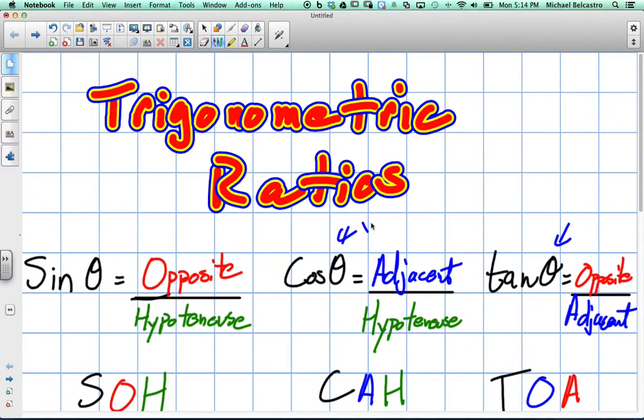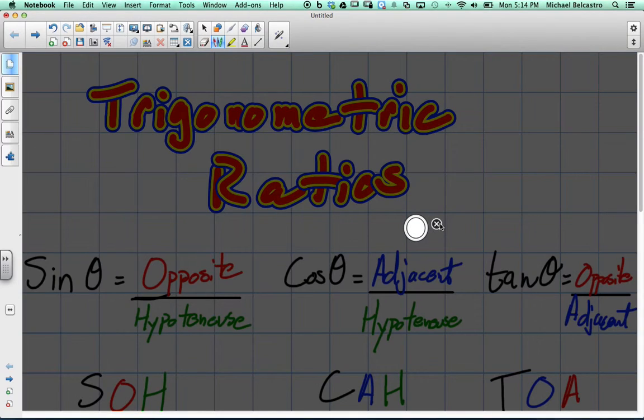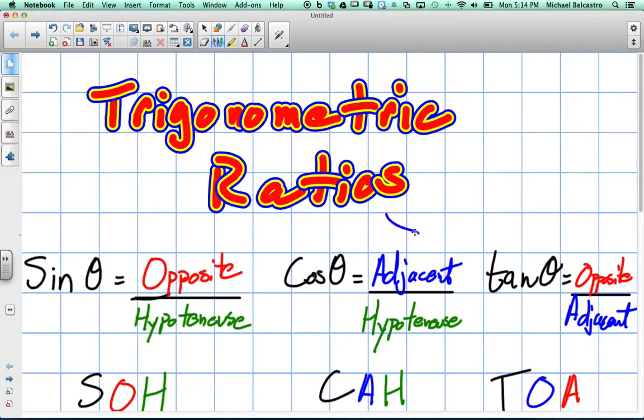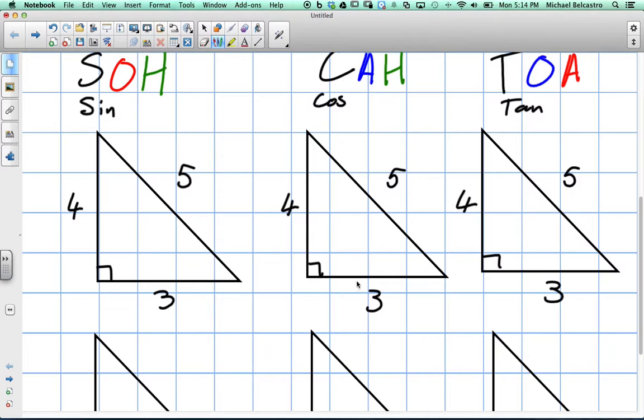So I'll put 90 and cross it out. Whatever it is, 90 degrees, we don't use it in this spot. So let's keep that in mind. Really, that means we're either looking at this angle or this angle. There's only 2 to really talk about.